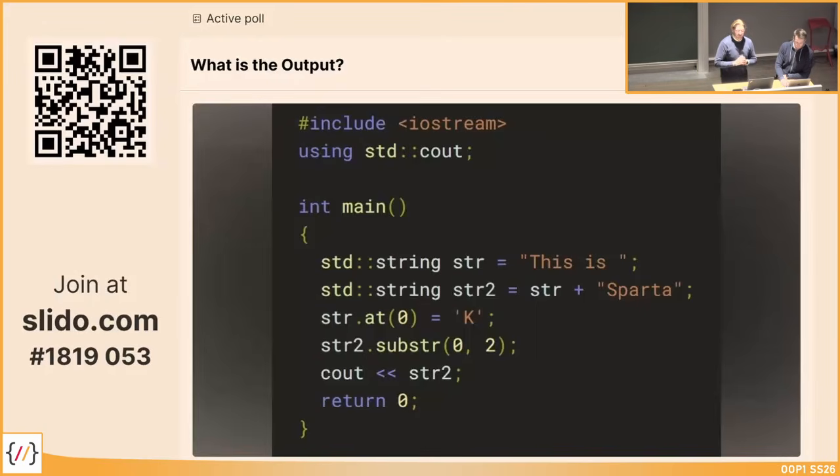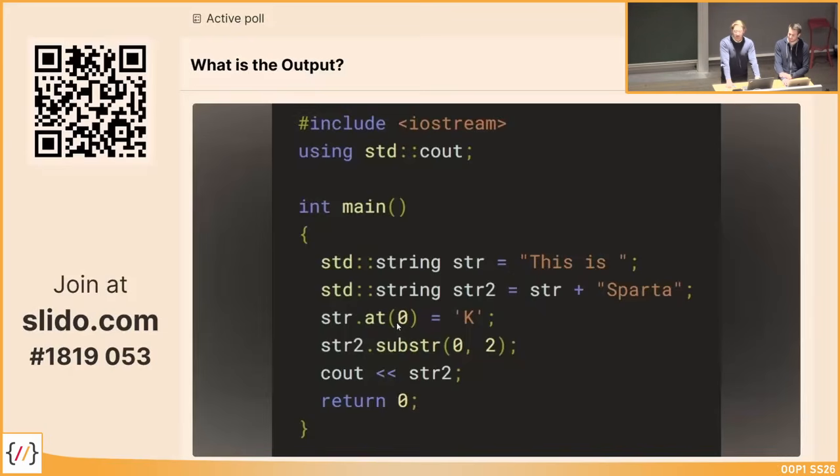All right, and we have one final quiz here, for the last few minutes. We have the first string, "this is", and then we have the second string, which concatenates the first string and "Sparta".